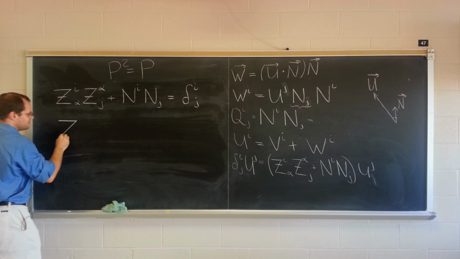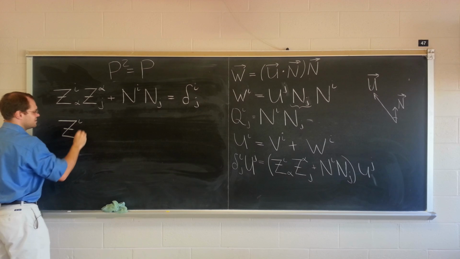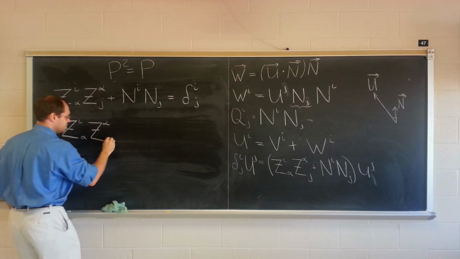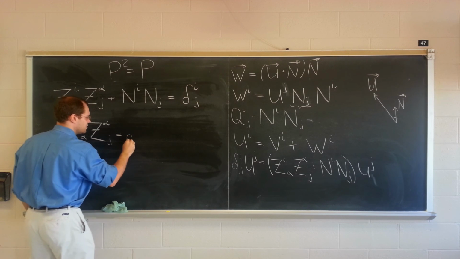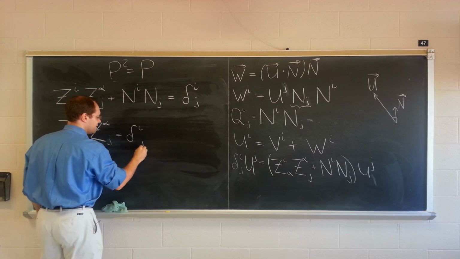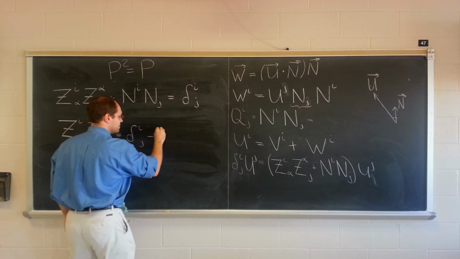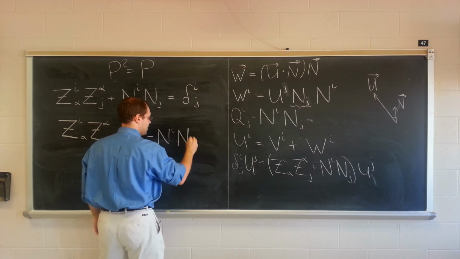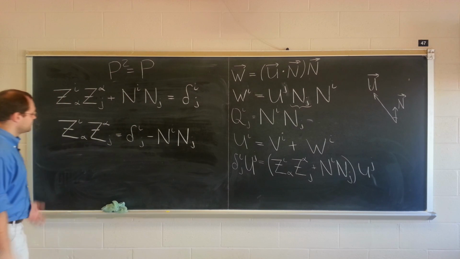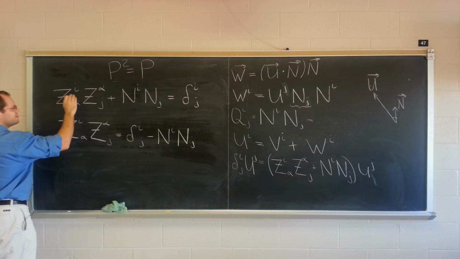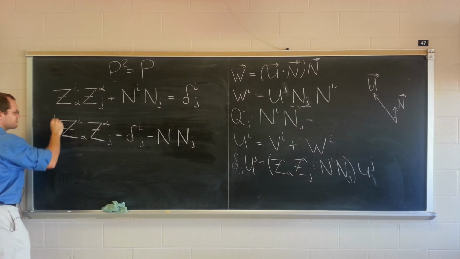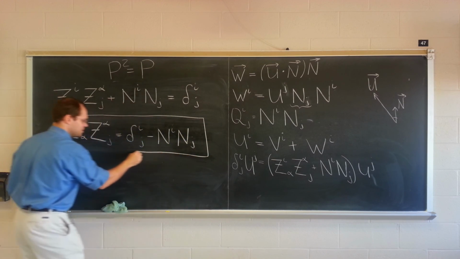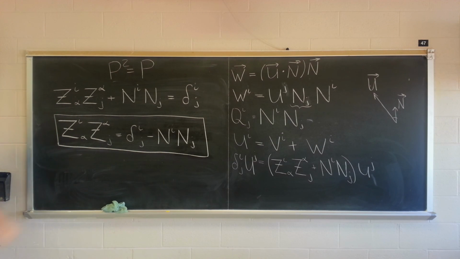This is trivial, but quite useful often. Z_i^α Z^α_j equals delta_ij minus N_i N_j. So I don't know why, I think this is actually more elegant, but this is more frequently used in practice. It just seems to show up a little bit more. So I'll box this one.